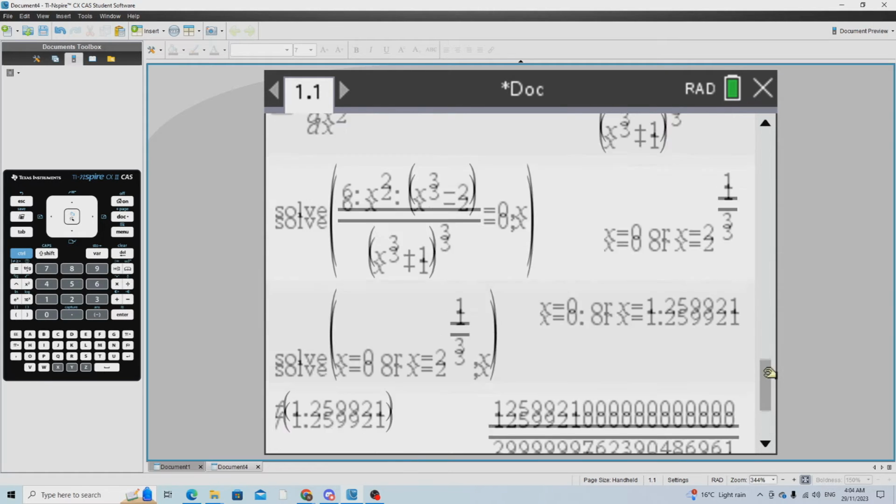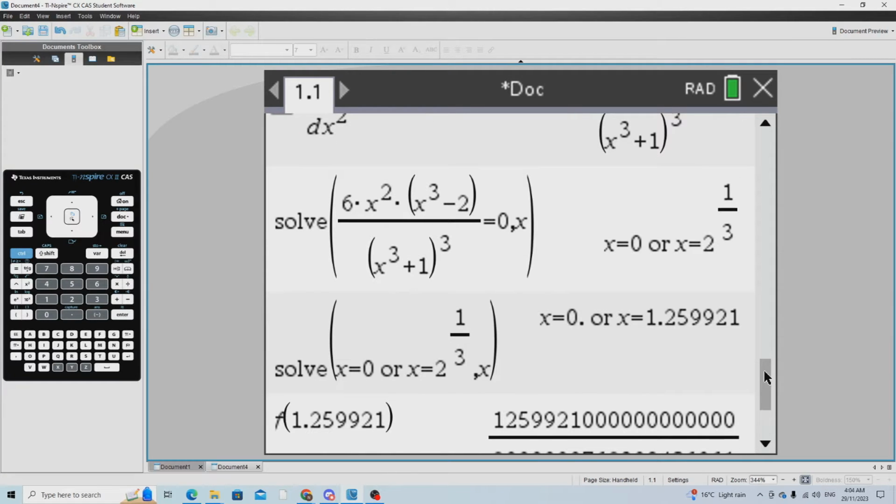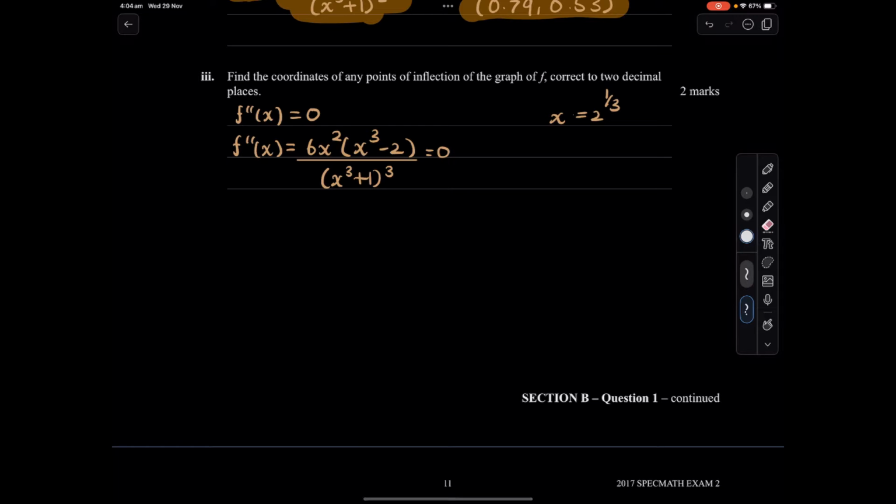And that gives us this. So let's write the coordinates in decimal, 2 decimal places. So we'll get 1.26 and 0.42, pretty much. Yeah, so 1.26 and 0.42. Those are two decimal places.